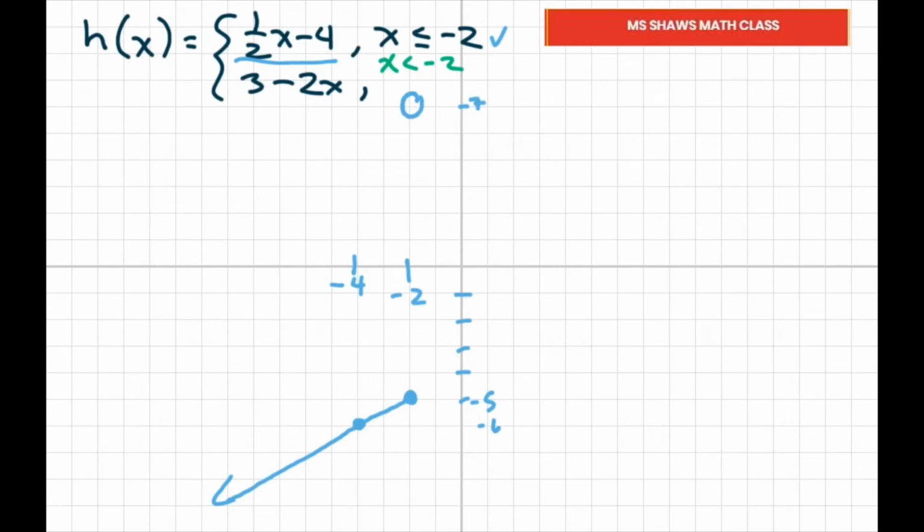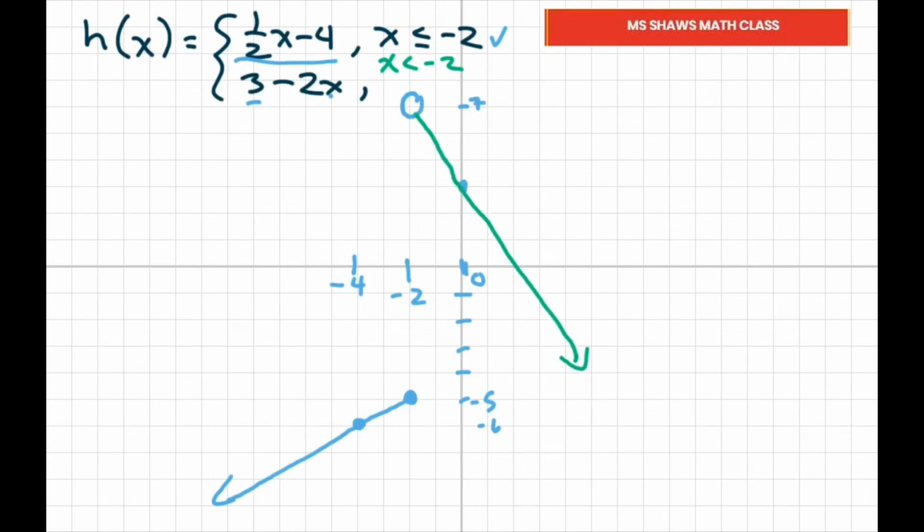Then let's see what's going on at 0. If I plug in 0 for x, I'm at 3. So that's your y-intercept. So this graph is going like this.